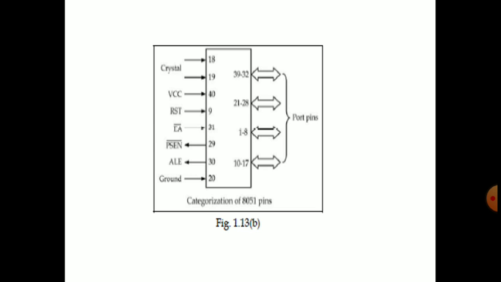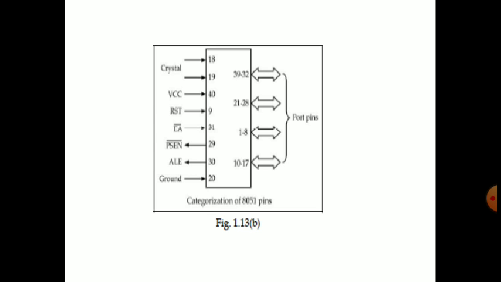The range of pins is also mentioned: 1 to 8, 10 to 17, 21 to 28 and 32 to 39. These are the IO ports as well as IO pins. Now the remaining pins, we can simply say 8 pins, are the crystal 1 and crystal 2 and the others.